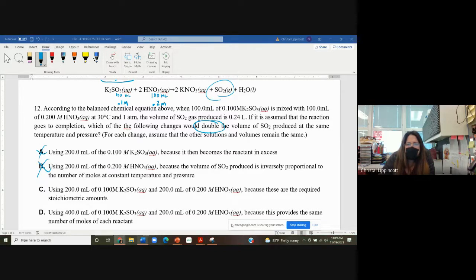So that's going to give me more than double this. So that doesn't work. But this guy here, if I double this amount and I double this amount, then that's going to give me double the amount.